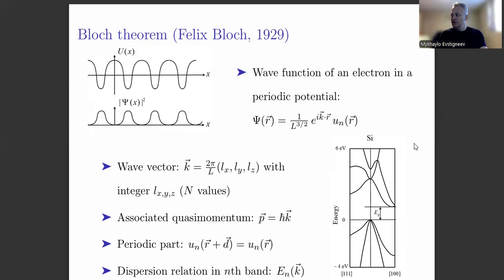Now, of course, associated with the wave vector is the momentum of the electron. It is the product of the wave vector with the reduced Planck's constant h bar. But in a crystal, this is not called momentum. This is called quasi-momentum or crystal momentum.